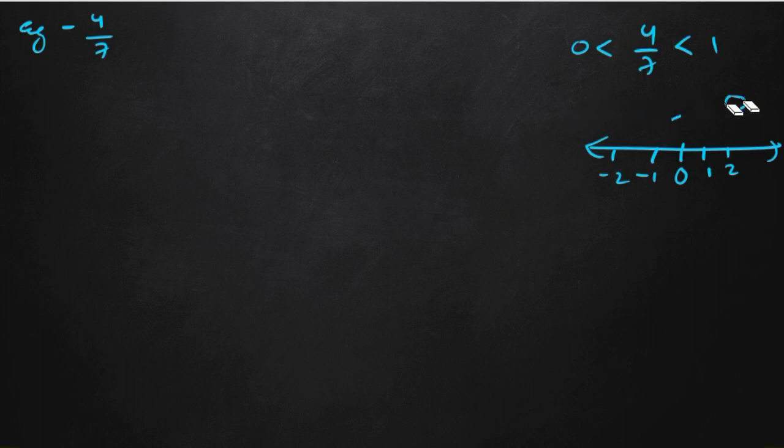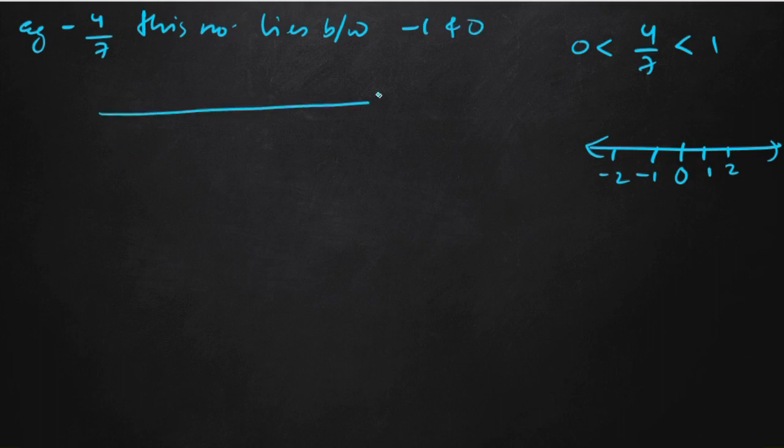Okay, so this number lies between minus 1 and 0. So we will draw a number line. So our minus 1 will be on the left side and 0 will be on the right side.